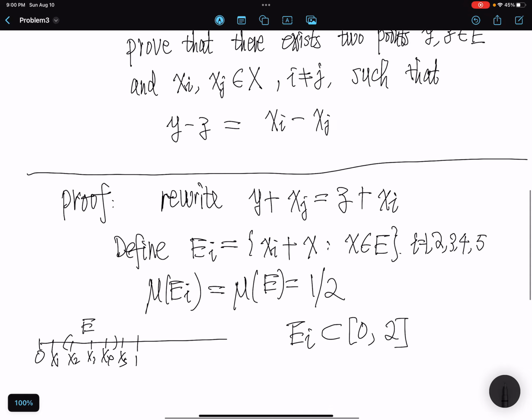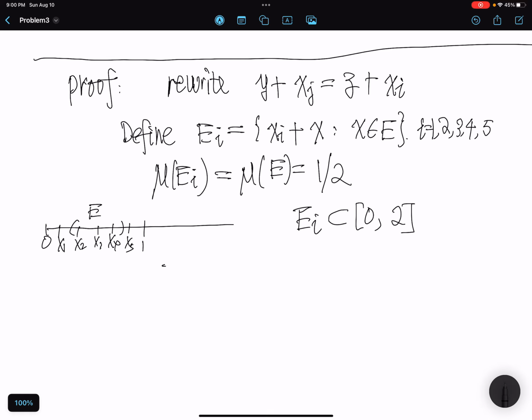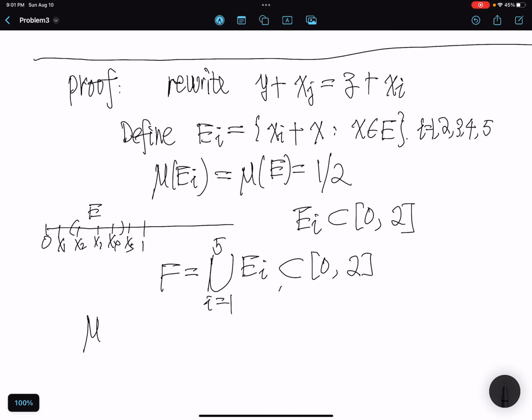So let's look at the union of all of this, the union of E_i, 1 to 5. So what is the measure of this F? Clearly, because each E_i is a subset of this interval, the union is also a subset of this interval, so the measure of F is at most 2.